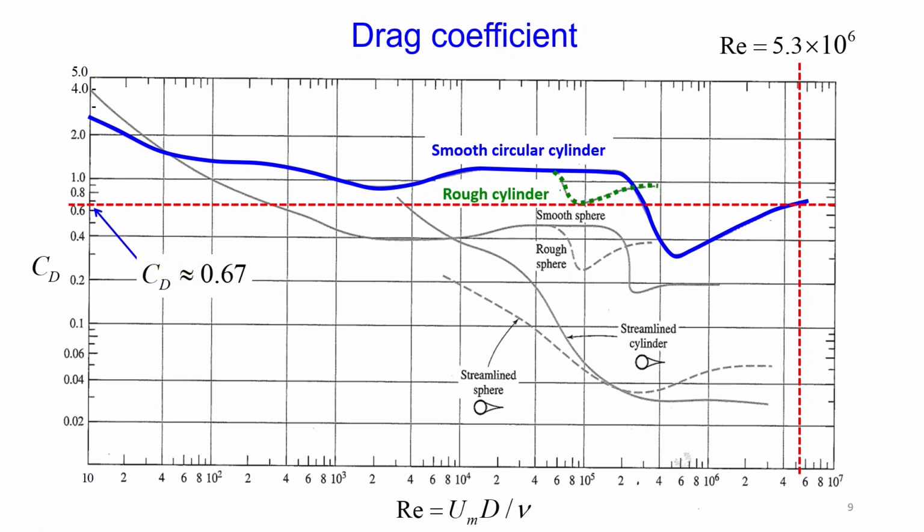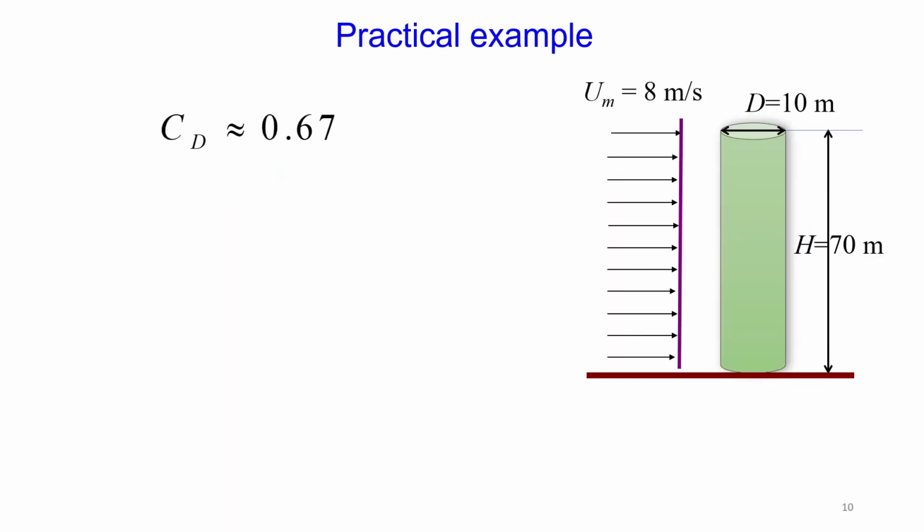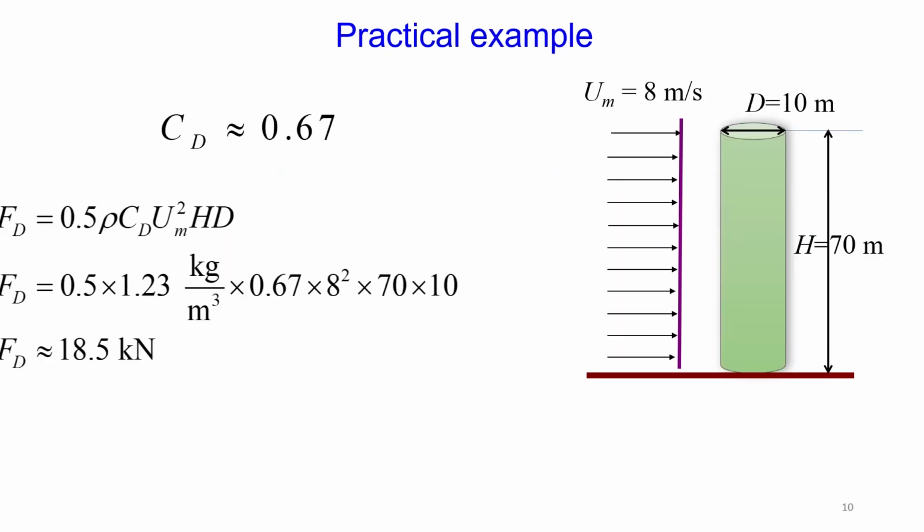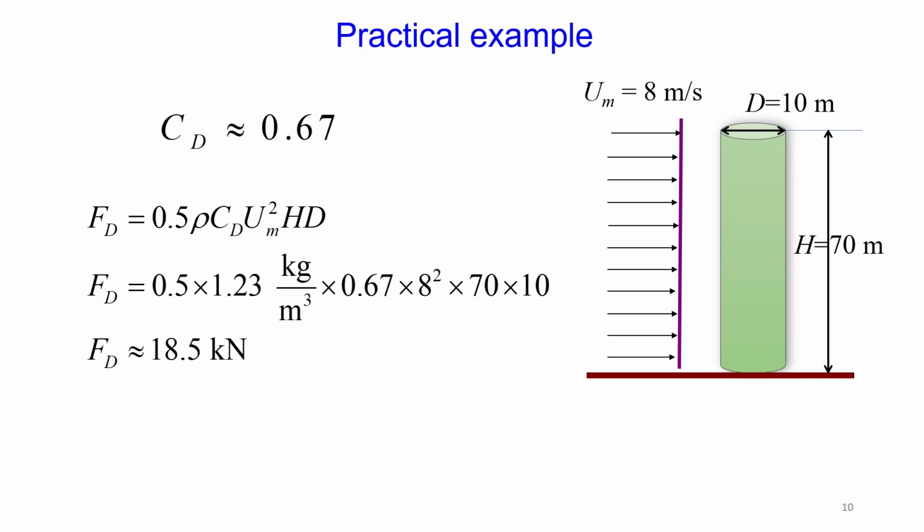Now I can calculate my total drag force, which is mainly due to the pressure drag. Viscous drag is negligible. If you put in all the values given in the problem, you estimate your total drag force as approximately 18.5 kilonewtons.